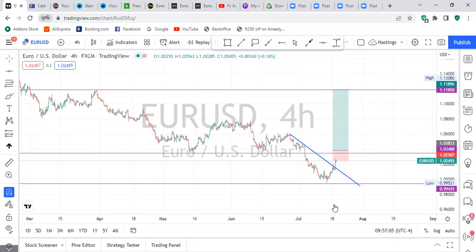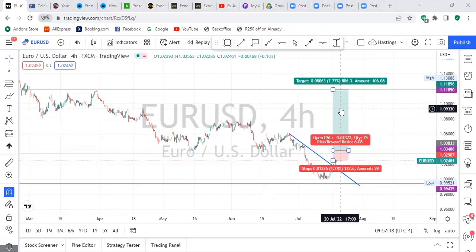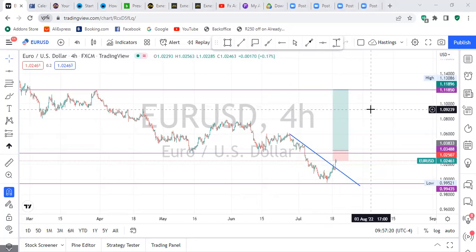Are we guys still together? We are risking this portion here to gain this portion. So usually we use a risk to reward ratio of 1:3. You are risking 100 rand to gain 300 rand.